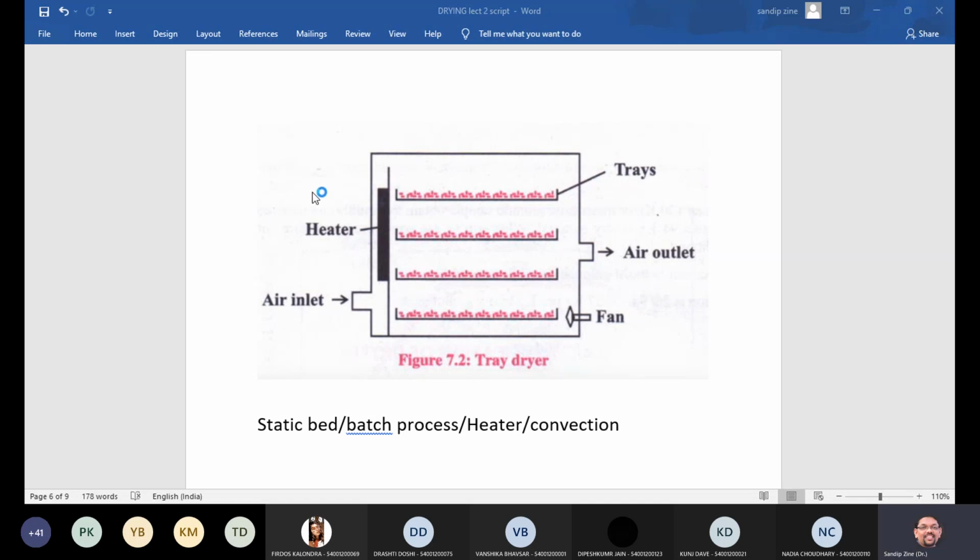Then in disadvantages, what can we say? Not suitable for oxidizable and thermolabile substances. This is the biggest disadvantage of this dryer, basically the tray dryer.